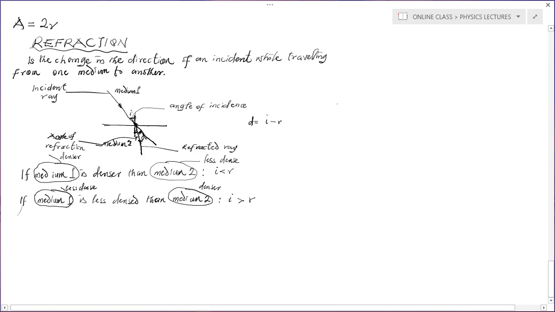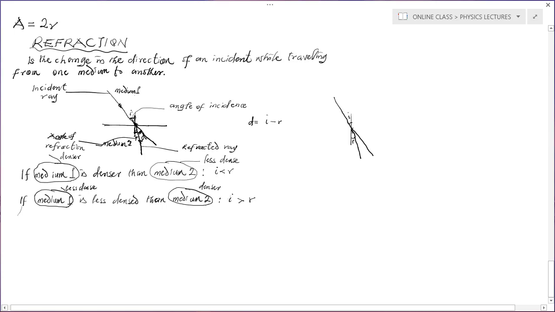Look at that. We have this one coming this way, and there's another one that moves at the middle. Here is r, here is i.